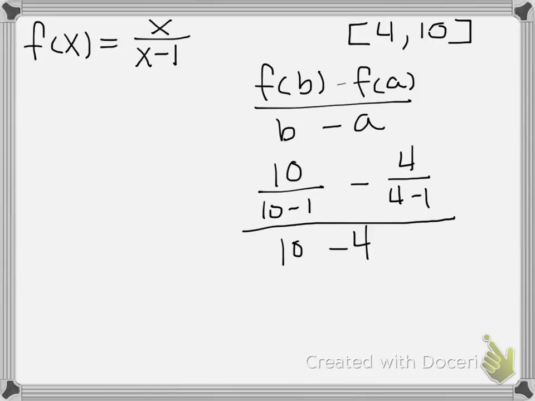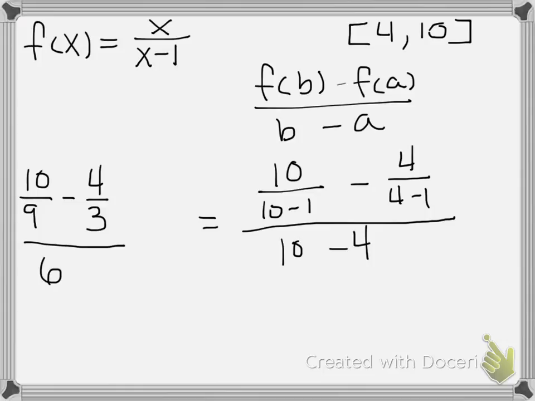Okay, so then whenever we do that, we're going to have 10 over 9 minus 4 over 3 over 10 minus 4, which is 6.